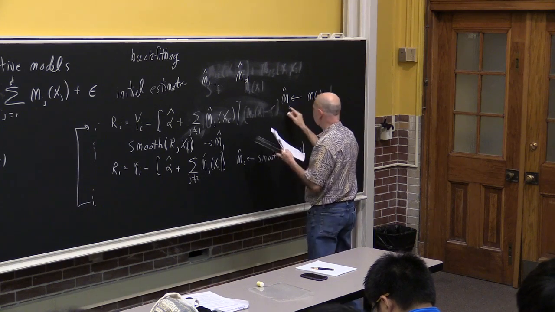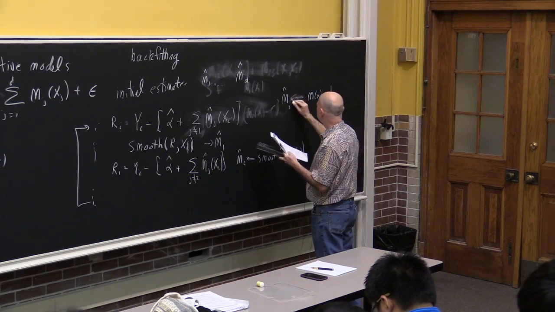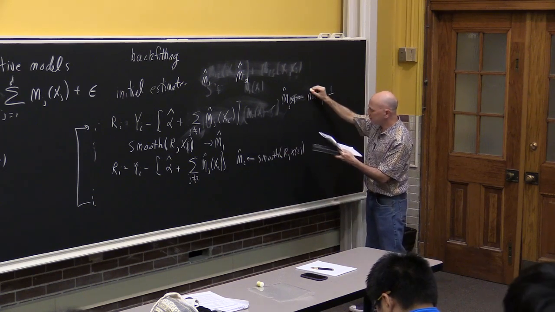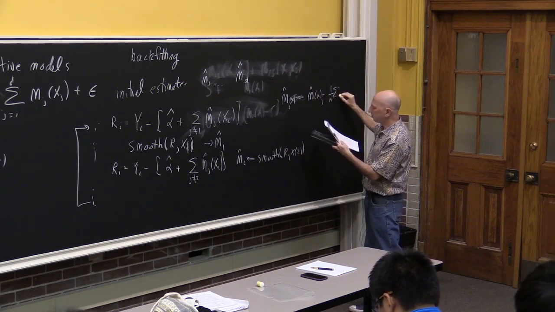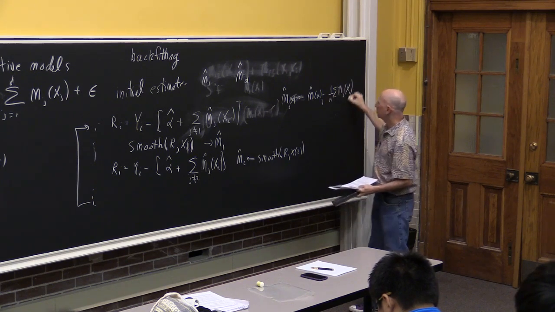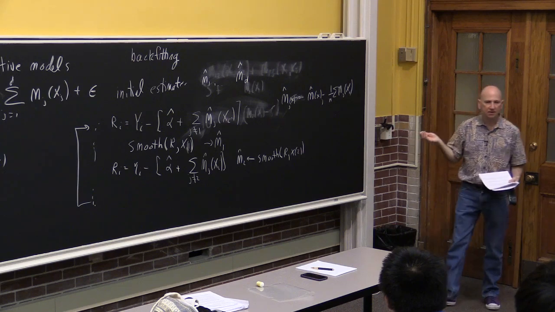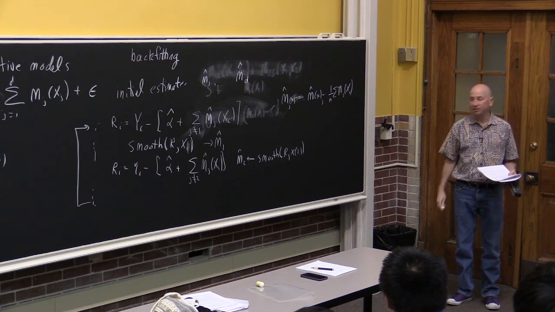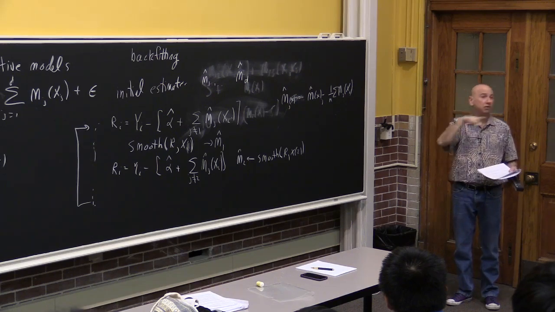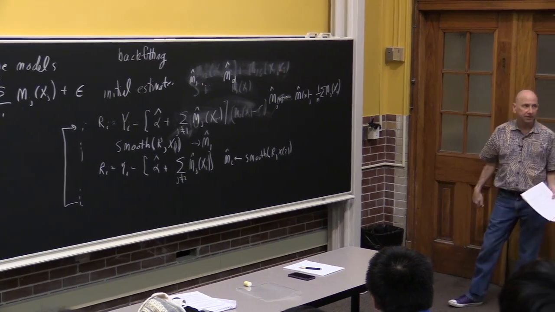So when you're doing mj hat, you fit it, and then you have to make sure it averages to 1, or to 0. So you subtract out that constant, just subtract out the constant again so that you don't have this identifiability problem. So every time you do it, get the m hats, make sure they average to 0. If they don't, just subtract out the mean.